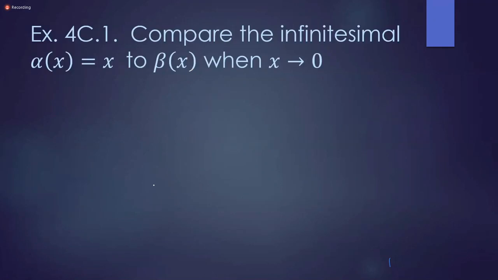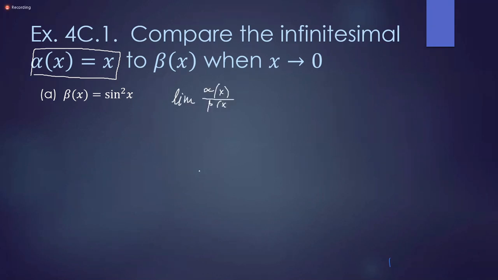And so we will start by comparing two infinitesimals. Alpha is the infinitesimal, simply y equals x. When x tends to 0, of course, x tends to 0. To compare them, we always need to consider alpha divided by beta when x tends to, in our case, 0. We write out the comparison in fraction form.